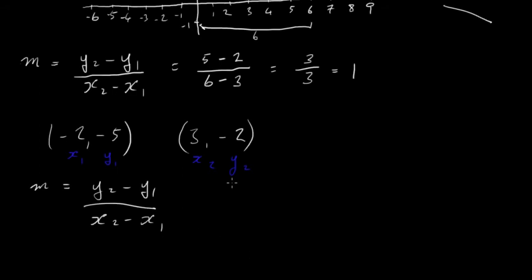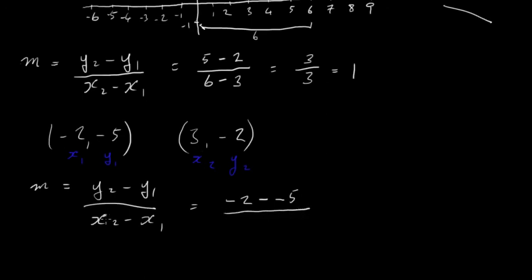So all we've got to do is put these values into our formula and work out the difference between the y's divided by the difference between our x's. So let's do that. Y2 is minus 2. Now we've got to write down this minus here. And our y1 is minus 5. So let's write that down as well. So we have minus 2 minus minus 5.